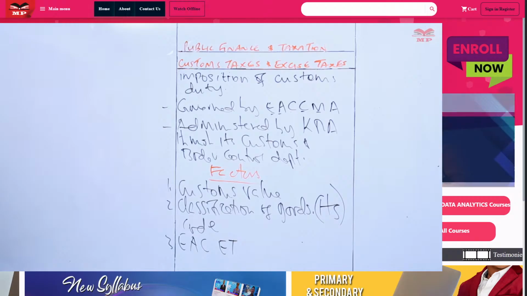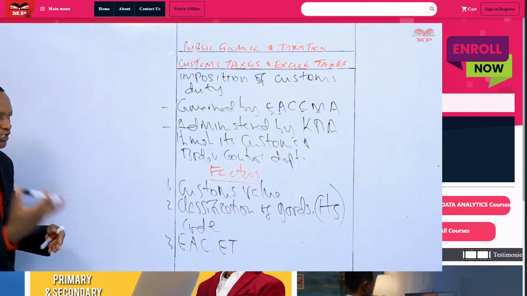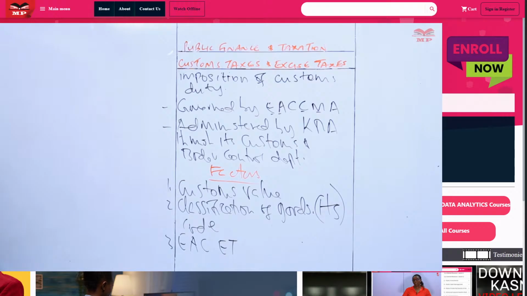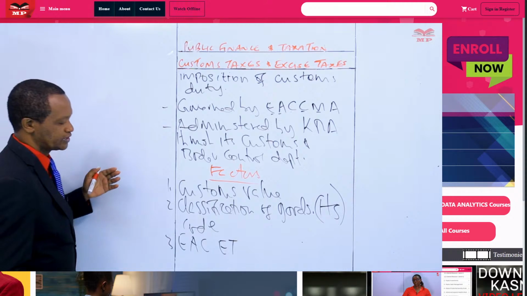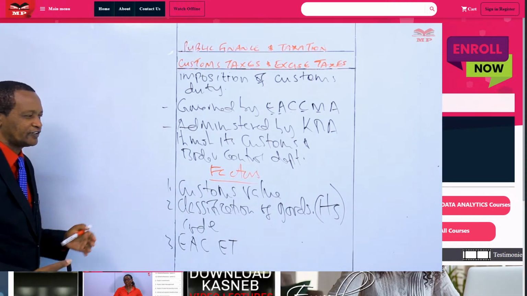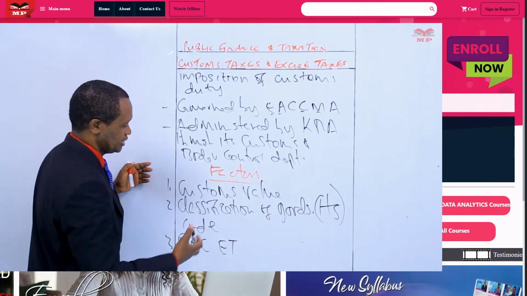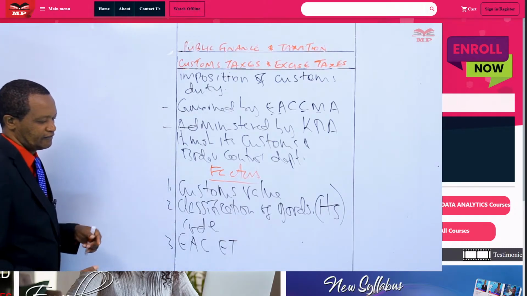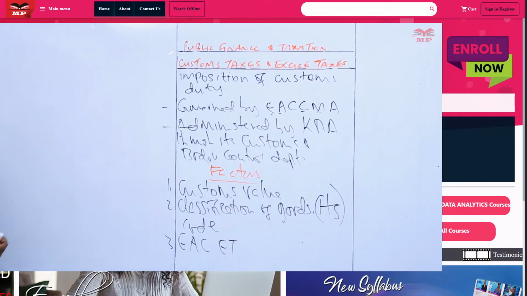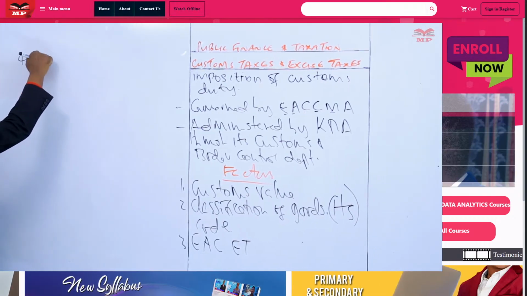The Community external tariff currently operates on a banded structure, with rates typically at 0%, 10%, and 25%.